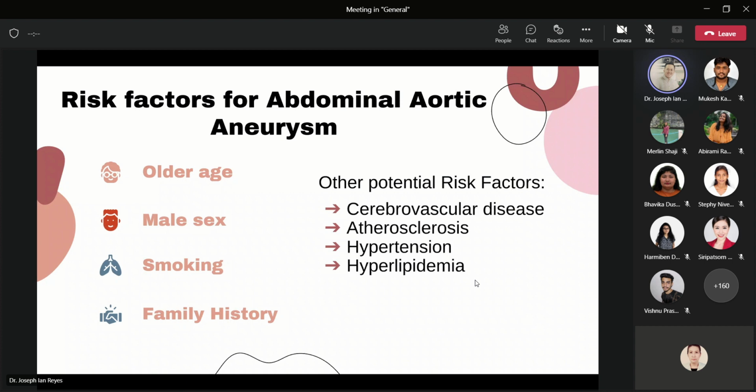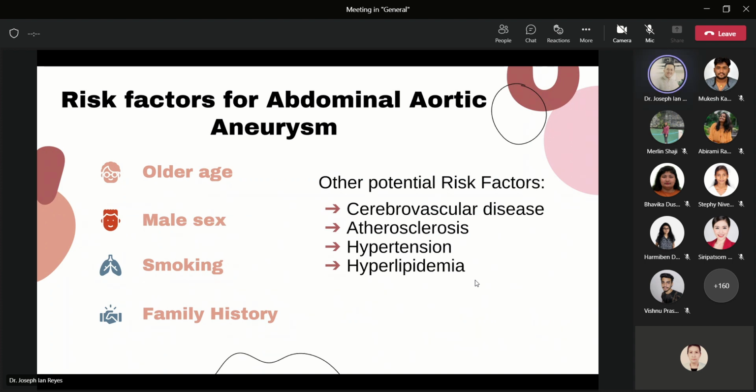Then other potential risk factors: cerebrovascular disease, atherosclerosis, hypertension, and hyperlipidemia. That's why we should control our patient's medical conditions. Control hypertension, control hyperlipidemia, and if possible, prevent atherosclerosis from happening, so that we can prevent AAA from also happening.